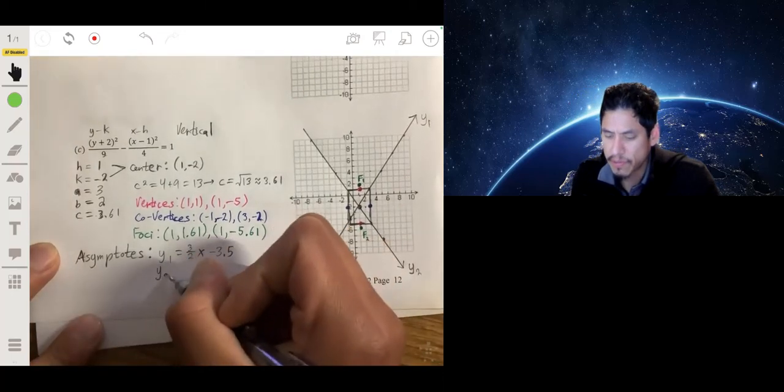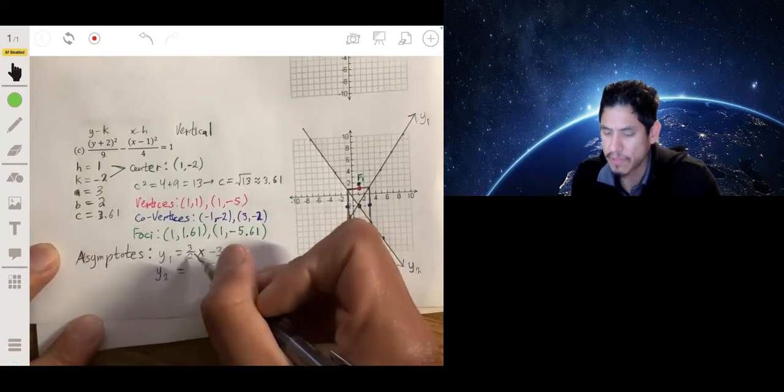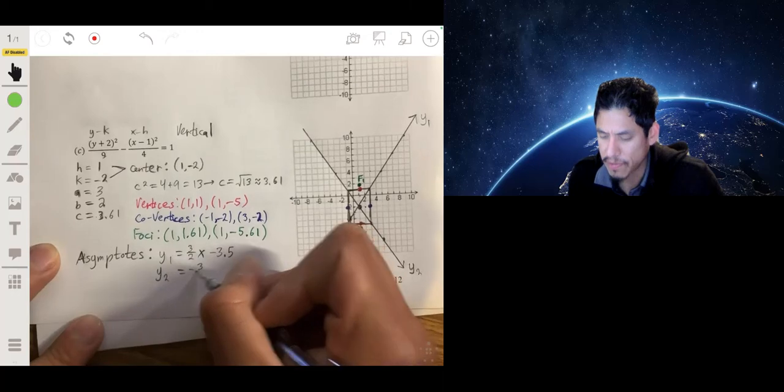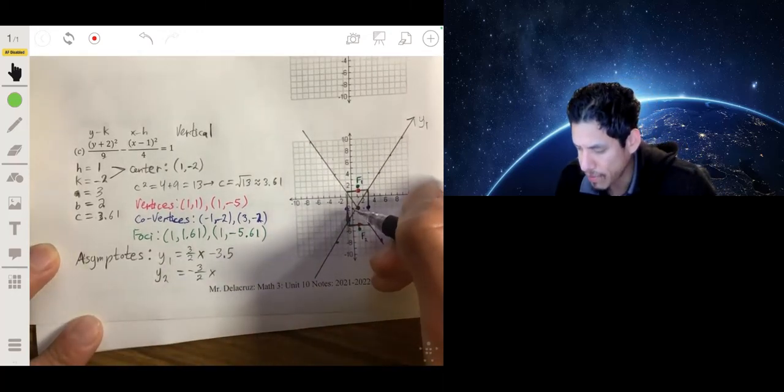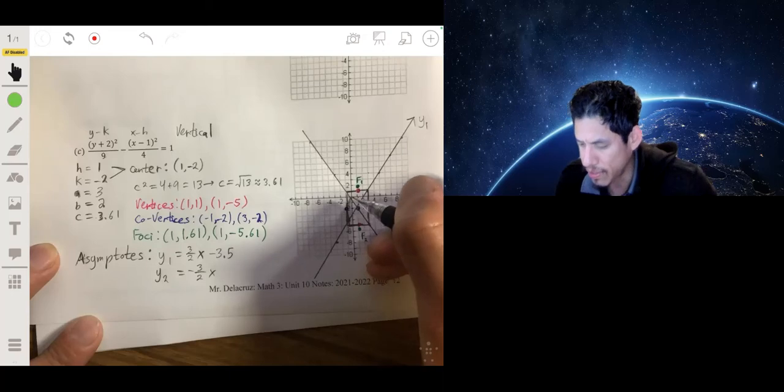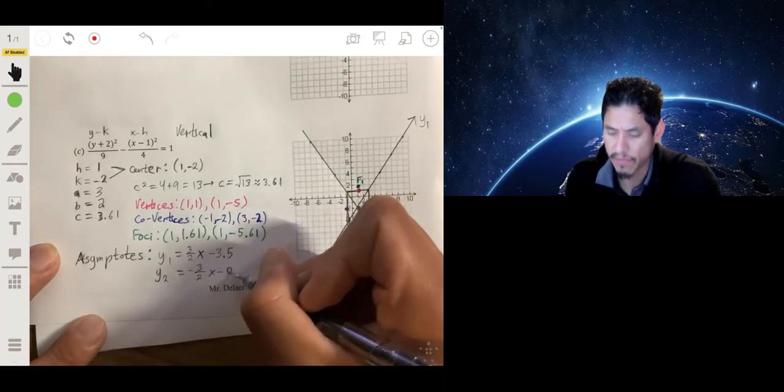And then y2 would be the opposite slope, so -3/2 x, and it will cross halfway between -1 and 0, so it'll be minus 0.5 for the y-intercept.